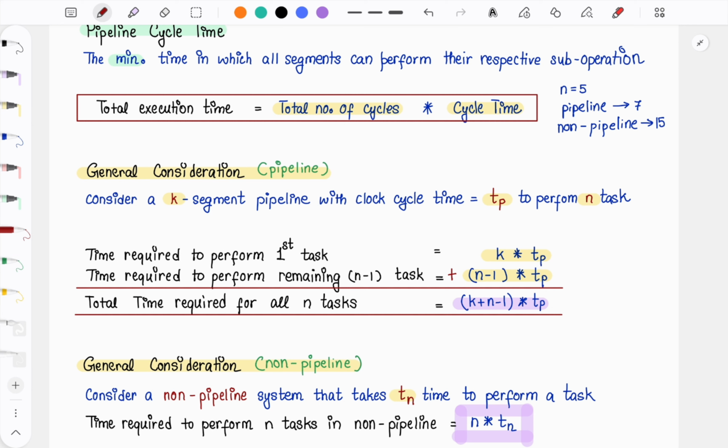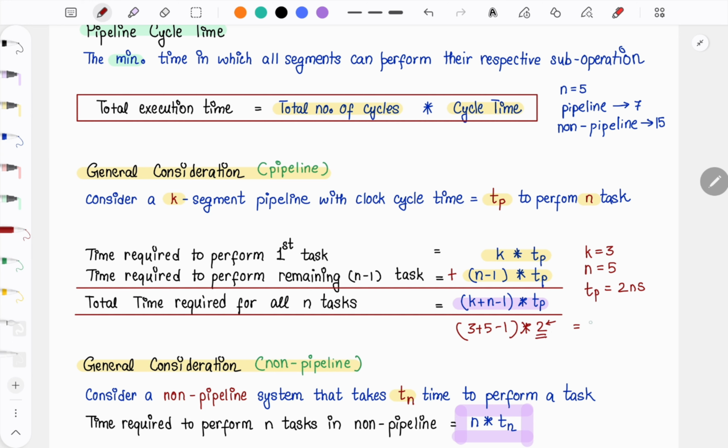So for the previous example which we have seen, we were given 3 segments, the number of tasks was 5, and assume that TP, which is not given, is 2 nanoseconds. So the total time required in case of pipeline will be K plus n minus 1, 3 plus 5 minus 1, into 2. This is an assumption, 2 is an assumption, it will be given in the question.